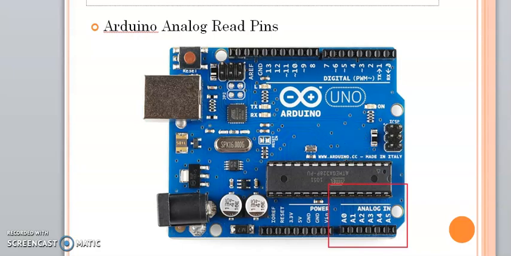Now we will see the basic meaning of analog and digital. As we know, we have a range of voltage, let us consider 0 to 5. As discussed earlier, 0 volt to 5 volt are two extreme values.